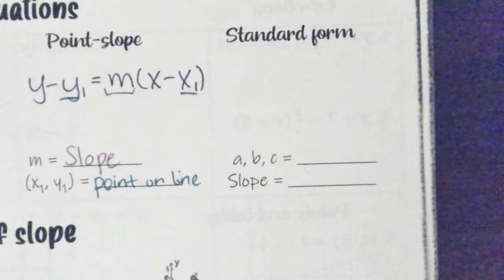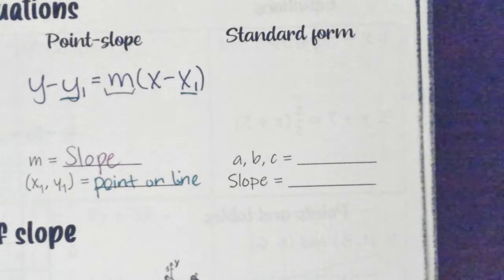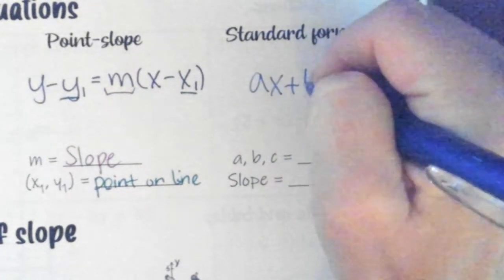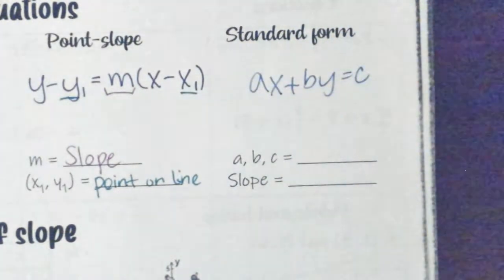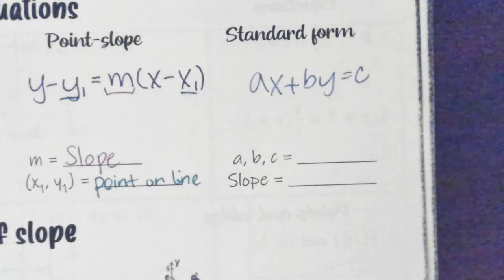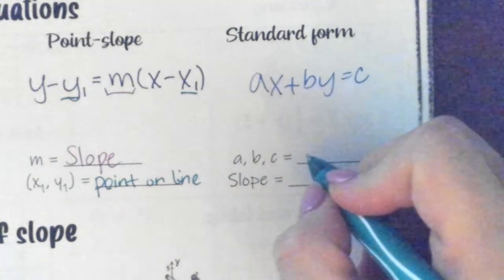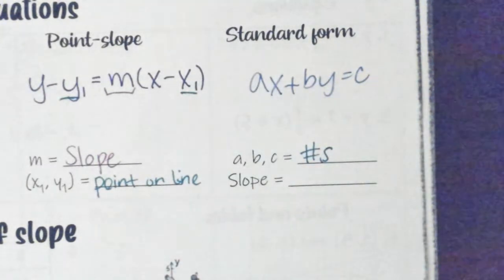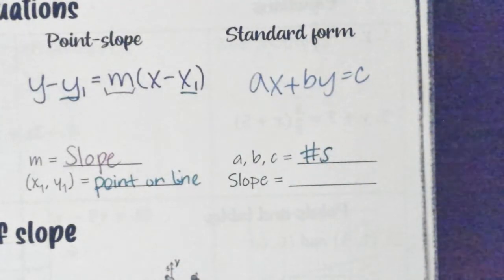Finally, we have this standard form. So we've got ax plus by equals c. And a, b, and c are just numbers. And from this form, we can do two different things.